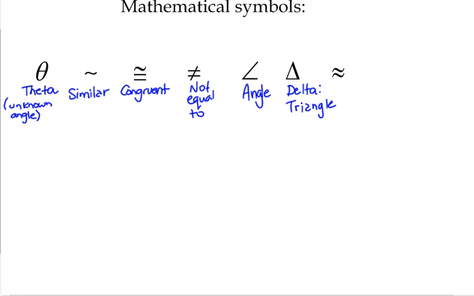And the last one, I don't know if I showed you this one before. Approximately equal to. And we use this symbol, equal to with a dot, when we round. It's very similar to approximately equal to.